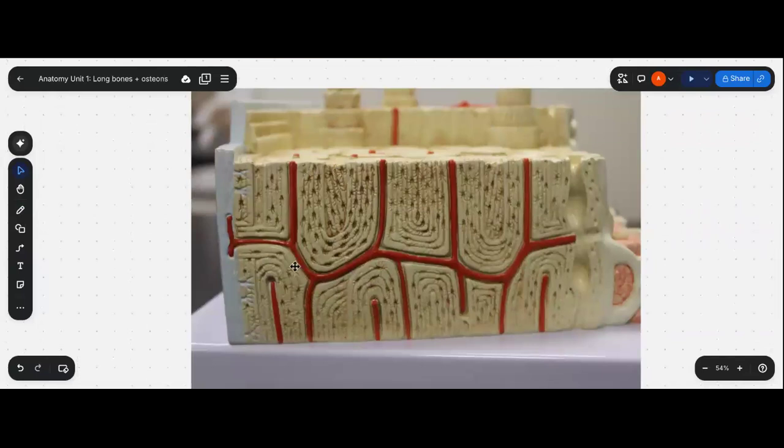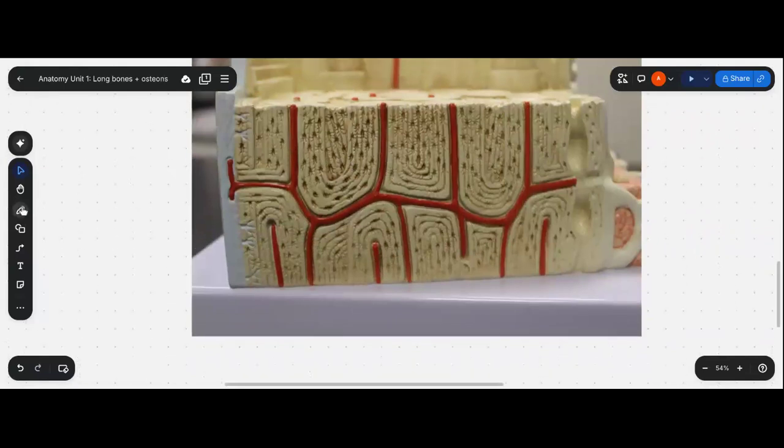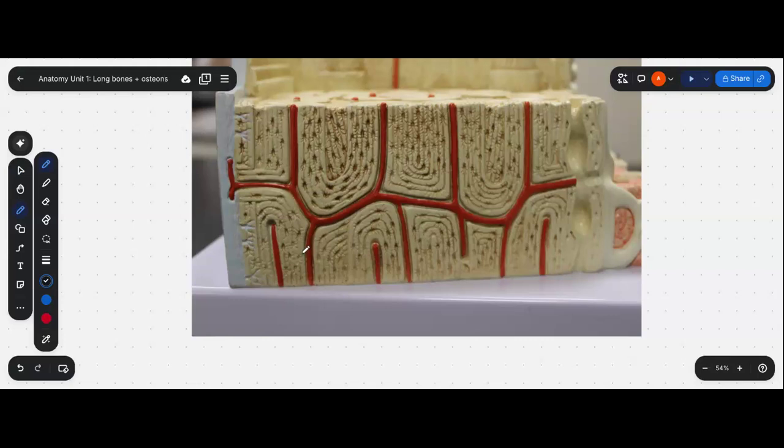If you were to cut an osteon in half, this is what it would look like. And you have all of these different canals. The ones that are running vertically are your central canals. So this one over here, there's another over here. Those are your central canals.